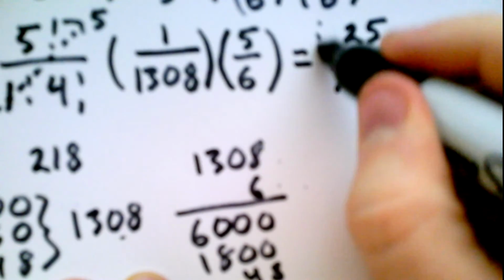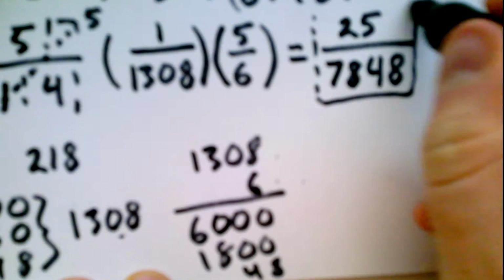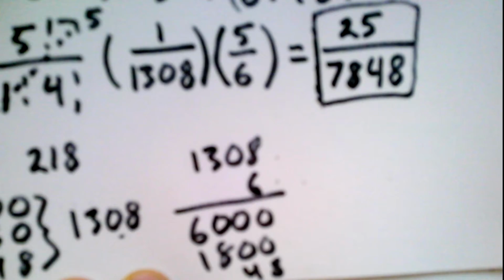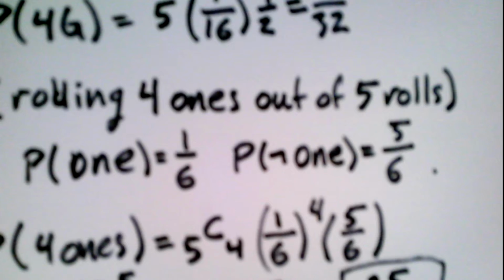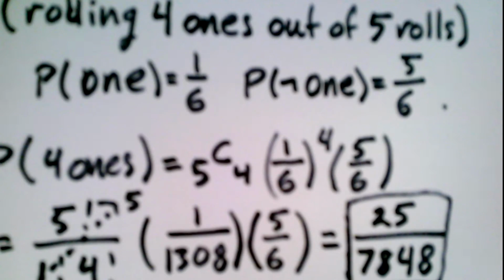This here is the probability of rolling exactly 4 ones if you're rolling a die 5 times.